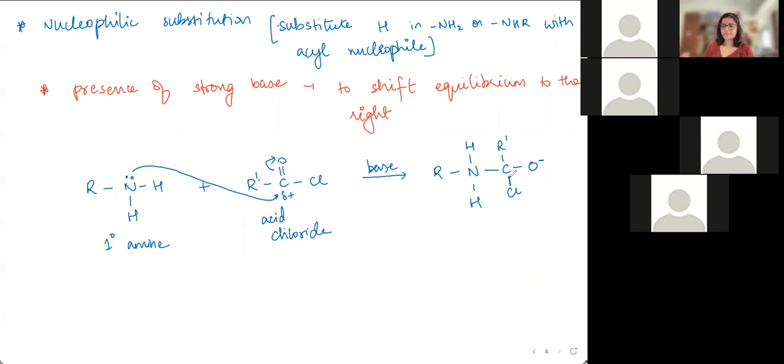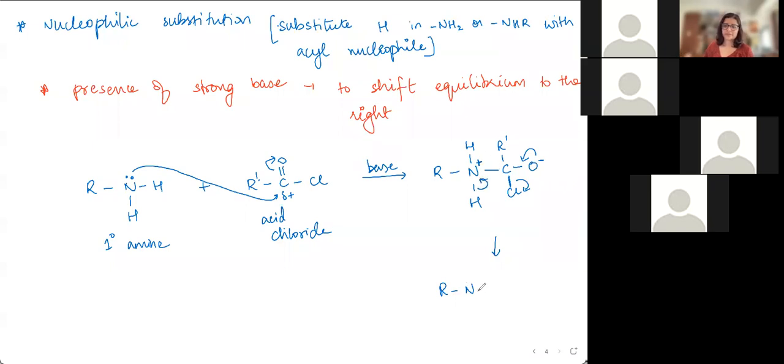Then again, the Cl is also pulling on these electrons, so the Cl takes away the electrons and the double bond is reformed over here. Also, once nitrogen donated the pair of electrons, there's a positive charge here, so nitrogen pulls on these electrons.